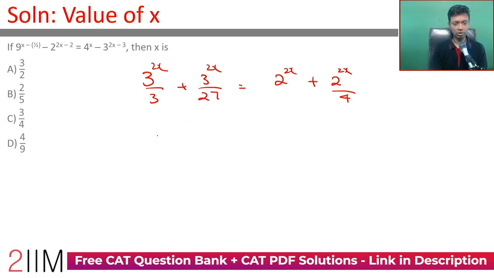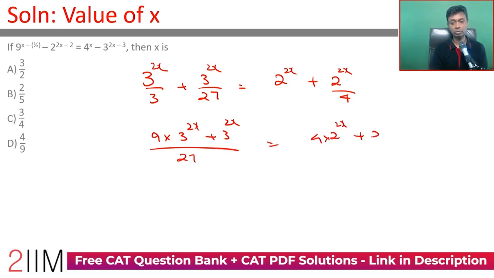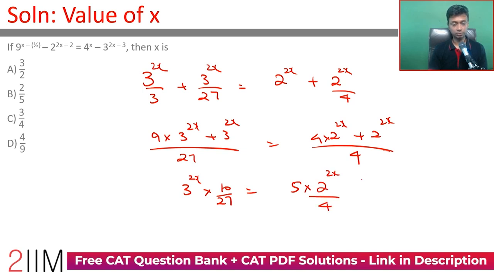And so this is 9 times 3 power 2x plus 3 power 2x by 27 equals 4 times 2 power 2x plus 2 power 2x by 4. 3 power 2x into 10 by 27 equals 5 into 2 power 2x by 4.